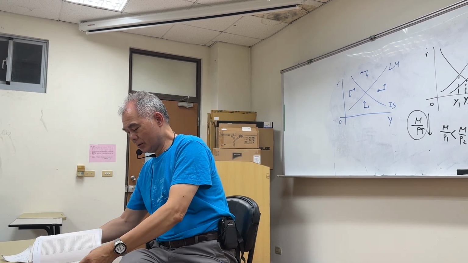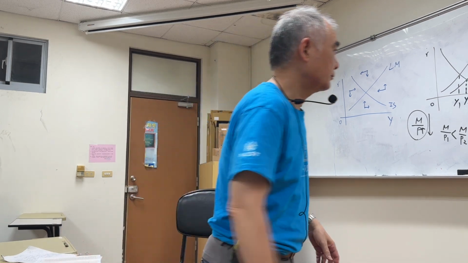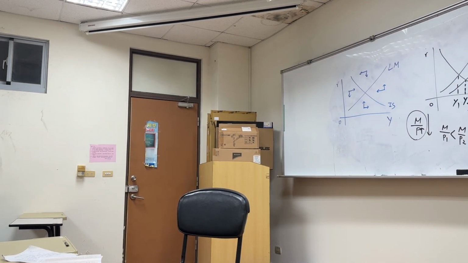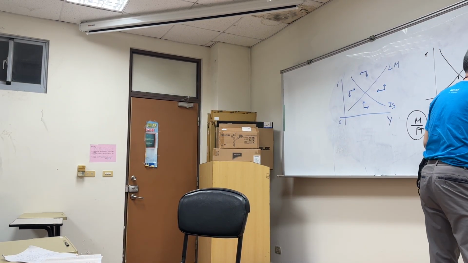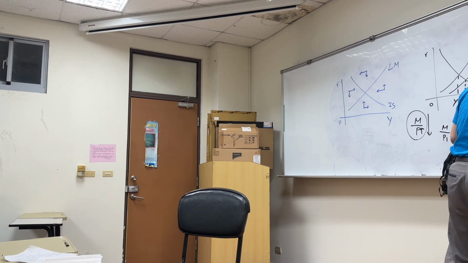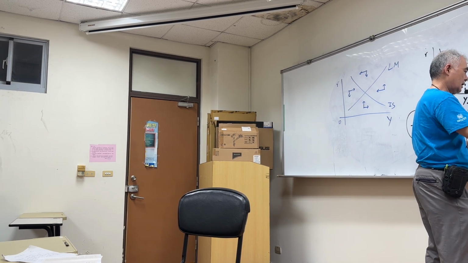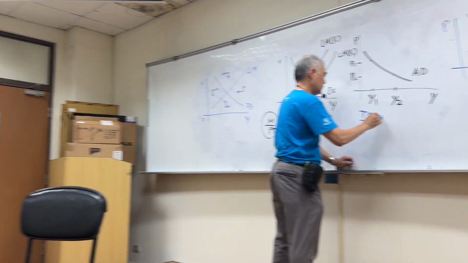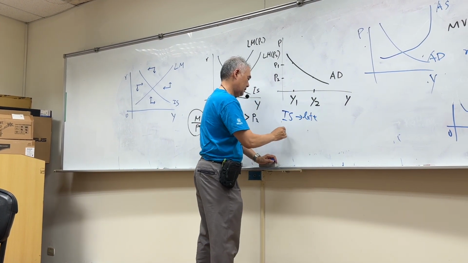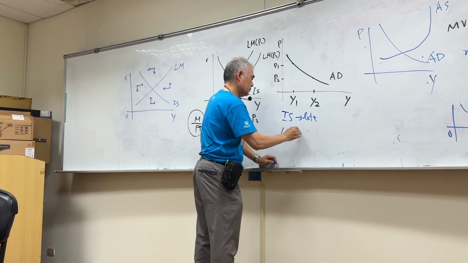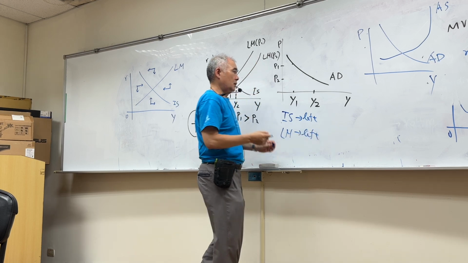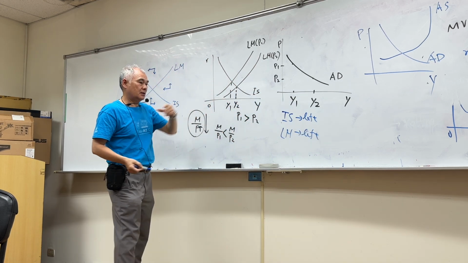Okay, so let me put this down for you. So the IS curve shifts to the left, and the LM curve also shifts to the left. Okay, so here, right?